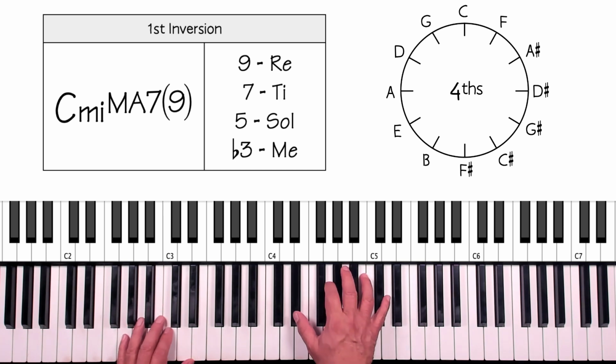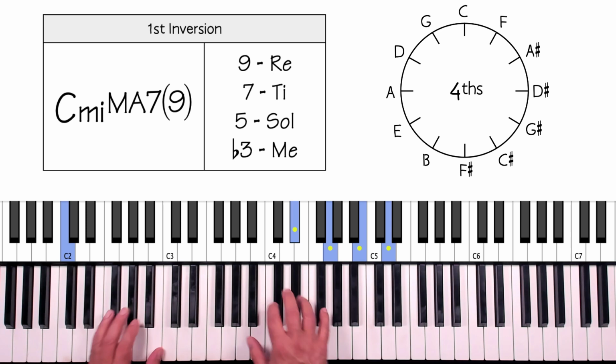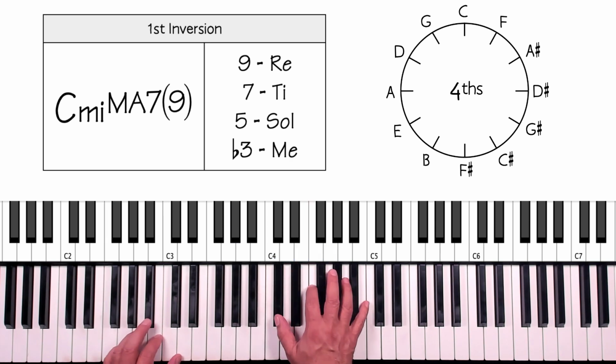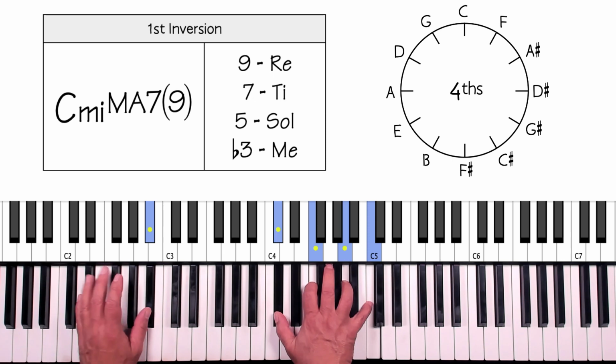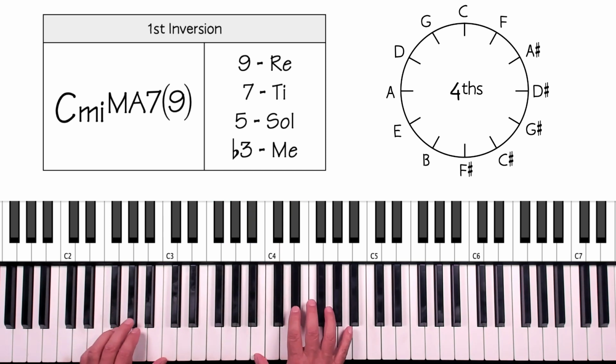2, 3, and mi, sol, ti, re, F. Mi, sol, ti, re, B flat or A sharp. Mi, sol, ti, re, D sharp. Mi, sol, ti, re, G sharp.